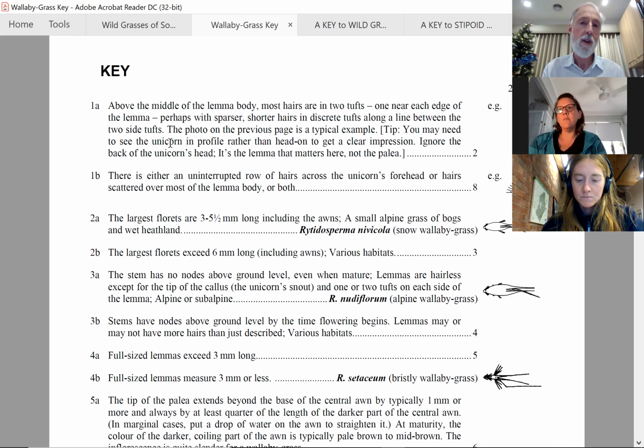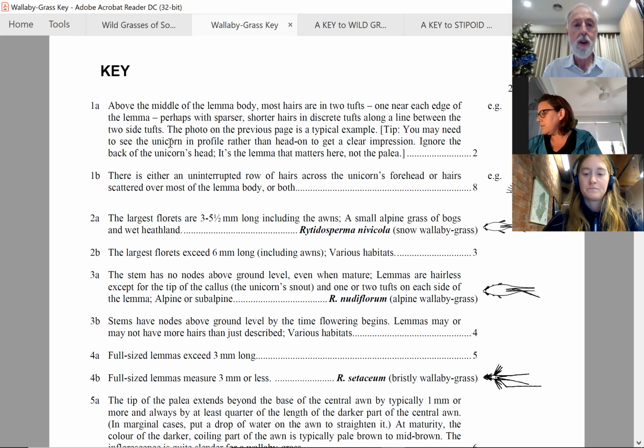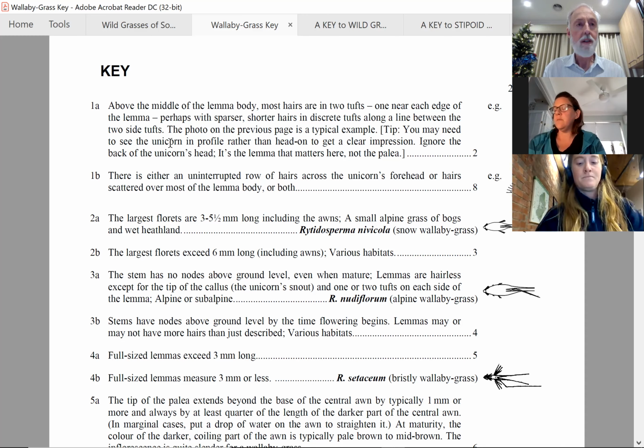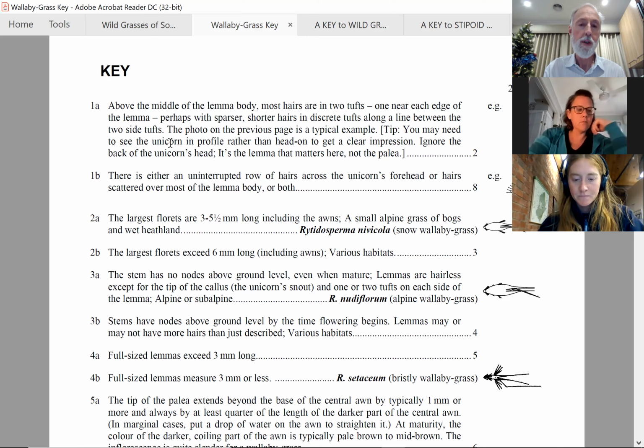The databases don't have enough data, and so they end up giving you wrong information. The Lucid key for grasses was called Ozgrass, and it was produced by the CSIRO, and the CSIRO hasn't paid to upgrade it to the current version of Lucid, and so people like me who bought the thing can't use it anymore because it's not compatible with modern software.